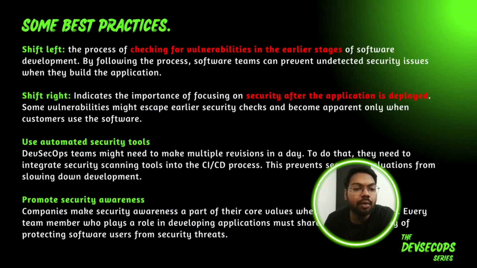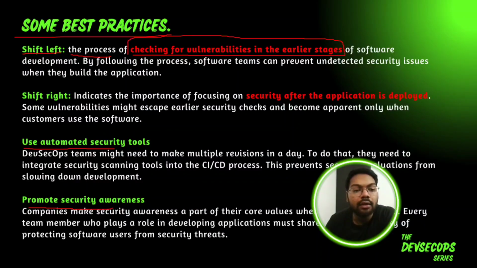Next we will discuss some of the best practices that are adopted in DevSecOps. Shift left, shift right, usage of automated security tools, and promotion of security awareness. So what is shift left? Shift left is the process of checking for vulnerabilities in earlier stages. As I keep mentioning, security should not be something that you do at the end of deployment, or once your application is deployed and used by the users.